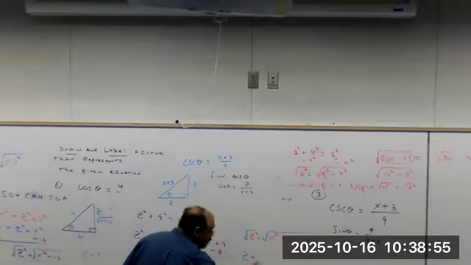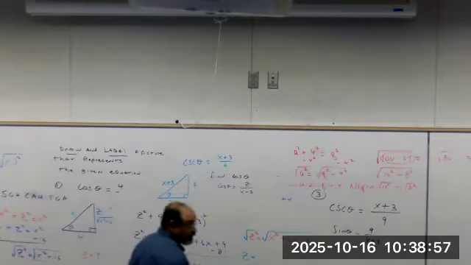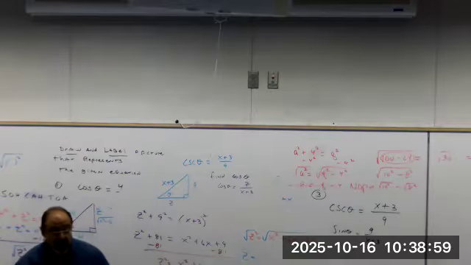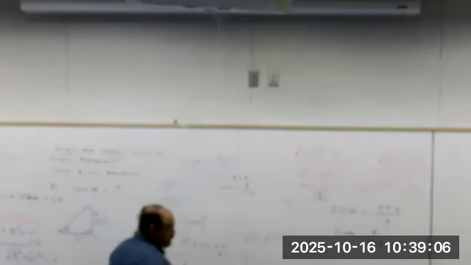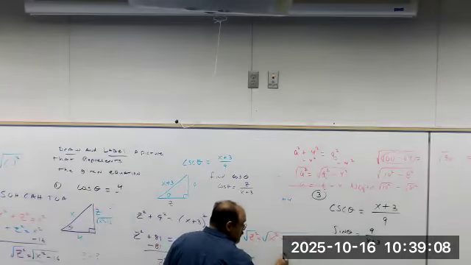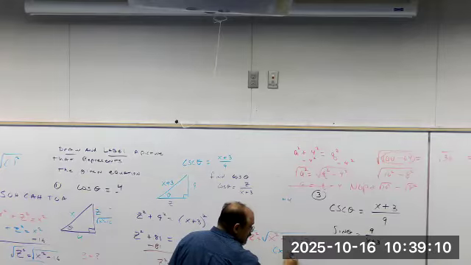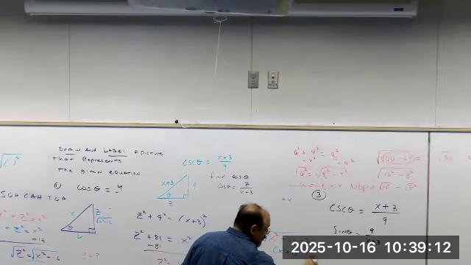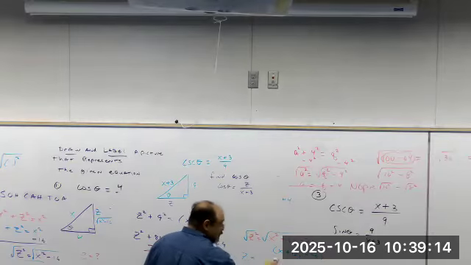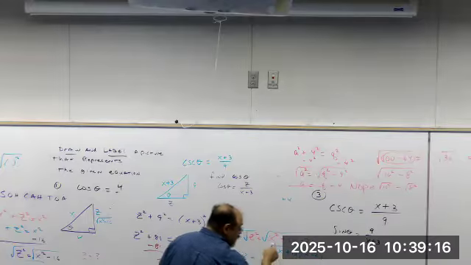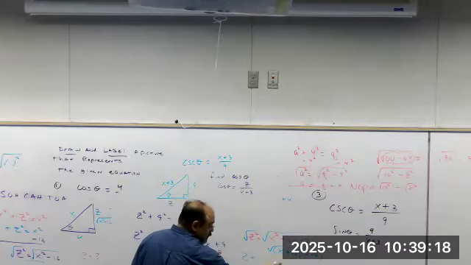If that were a perfect square, then I could take something out of the square root, but it's not a perfect square. If I factor this, it would be x plus 12 times x minus 6. It's not a perfect square, so nothing is going to come out of that square root.